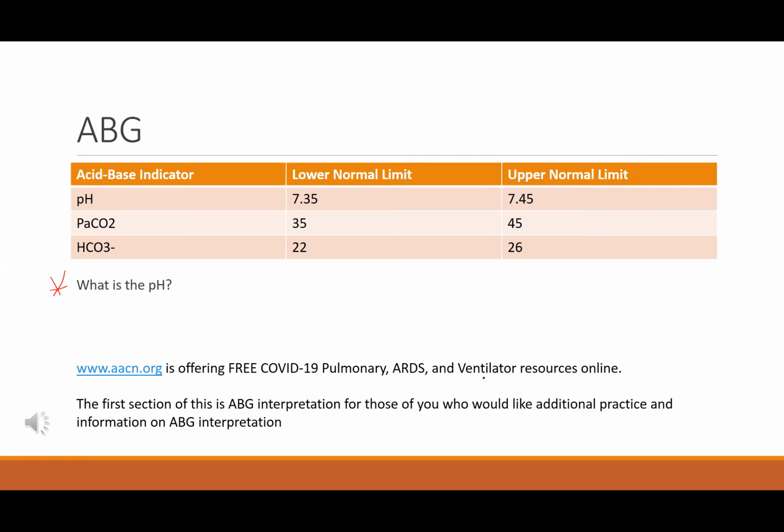There are several sections to this course online. The very first section is about arterial blood gas interpretation. So if you'd like to learn more about that, you're welcome to use that link. Please know that you are not going to be responsible for interpreting and deciding treatment of individuals who have blood gases drawn.